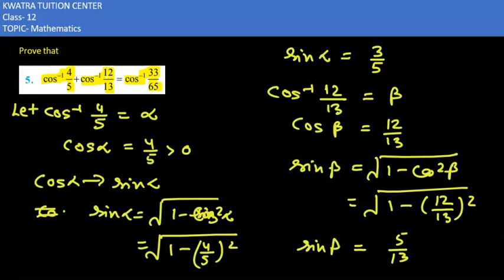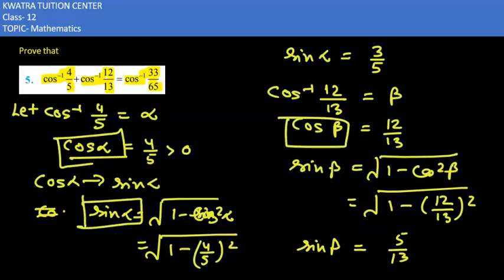So we have obtained our value for cos alpha and then sin alpha, after that cos beta and sin beta. So now we can use our formula, which is cos alpha plus beta. This is the cos A plus B formula.